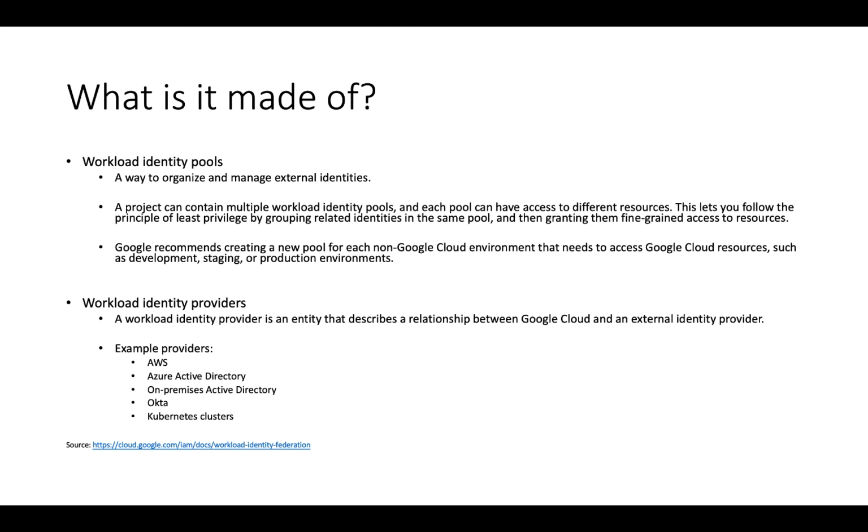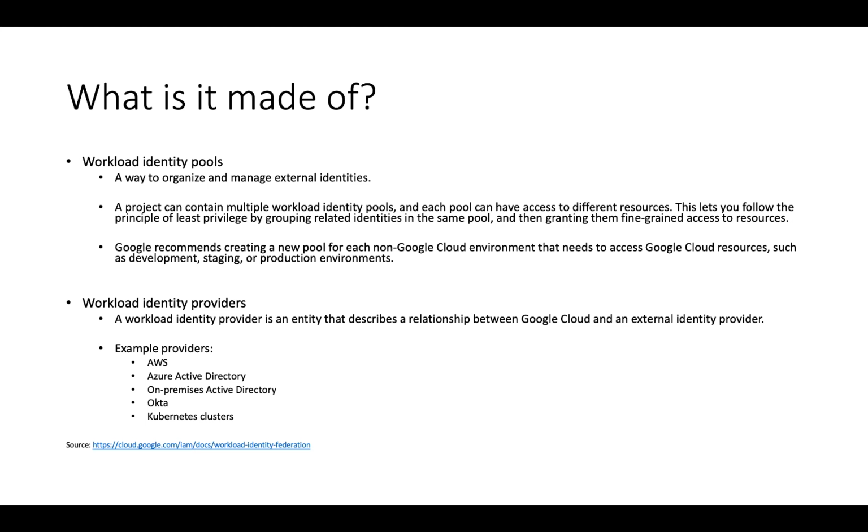A project can have multiple workload identity pools, and each pool can have access to different types of resources. You can have one pool that can access your GCS bucket, another that can connect to your Firebase NoSQL database, and so on.